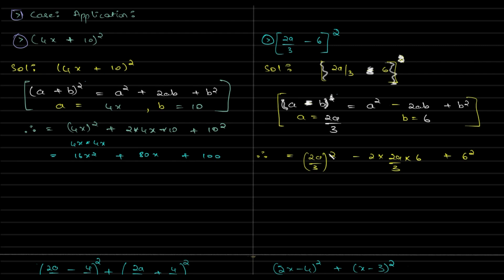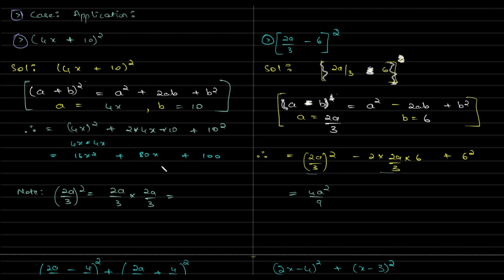So as for BODMAS, each term you can apply BODMAS. So (2a by 3) the whole square is 4a square by 9. Why? Let me show it over here. 2a by 3 the whole square is, yes, someone can tell, please tell. Yes, 2a by 3 into 2a by 3.